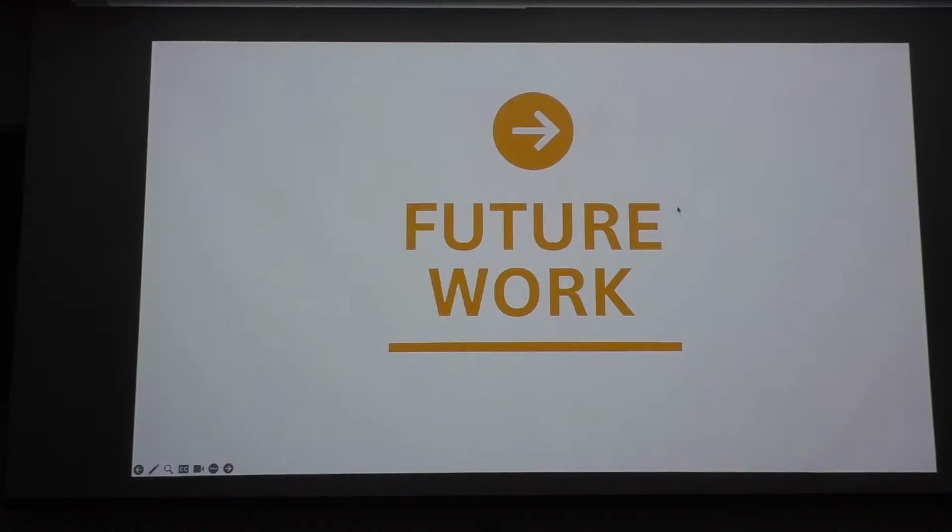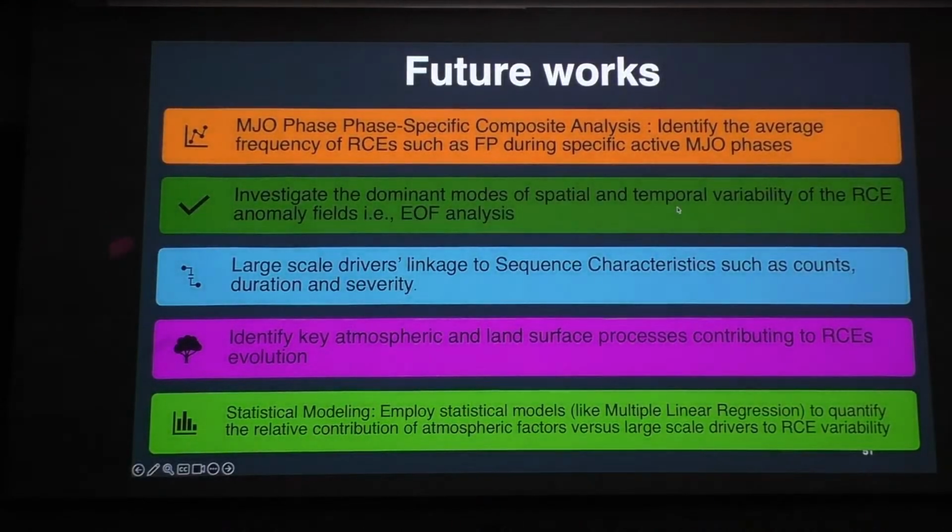Future work. My future work, we want to check how the MJO phase changes with all these rapid change events. The second is that we will investigate the spatial model to check how these rapid changes behave with El Nino or La Nina, positive or negative IOD, and MJO, because it's a large scale system, but it is only monthly wise, 30 to 60 days.